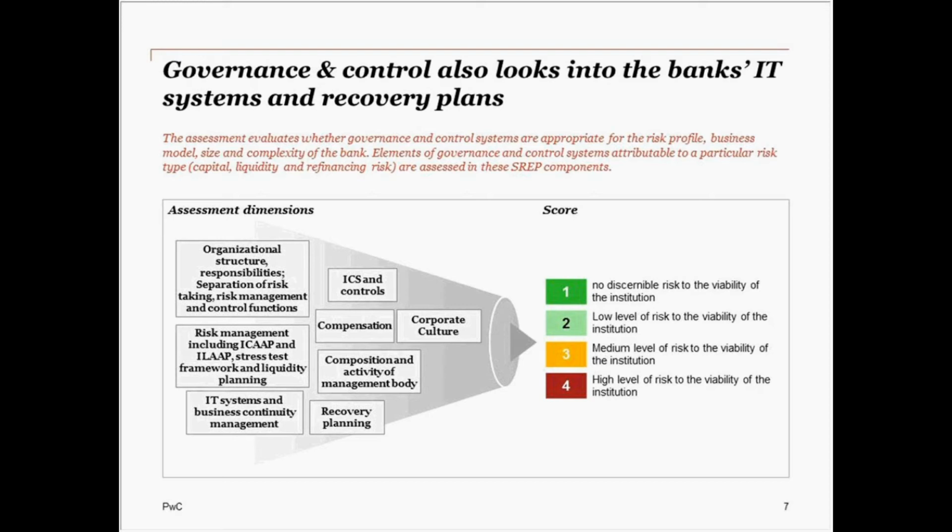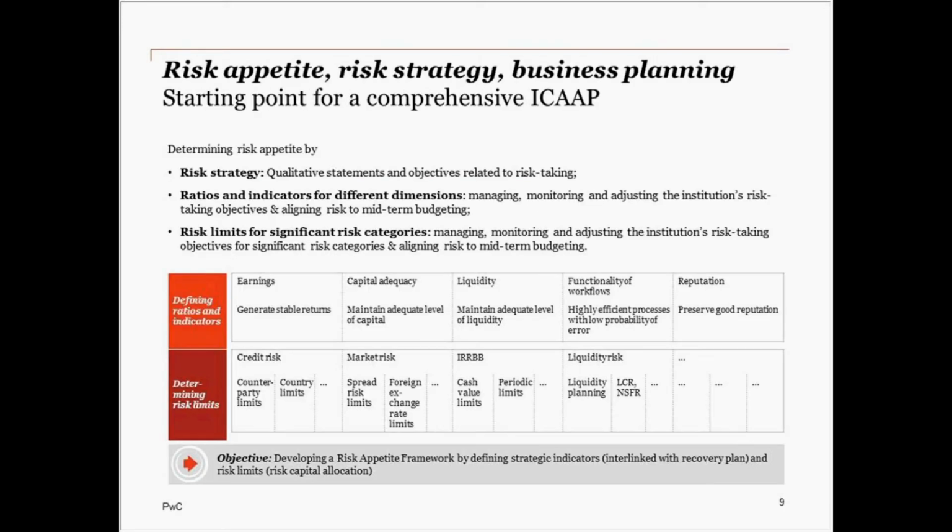And certainly, what the supervisors, the ECB, also look into is the bank's risk culture and the bank's risk appetite framework. This would lead us to the next slide, because there has been quite a lot of interest around risk appetite, risk strategy, and business planning from the supervisory side.